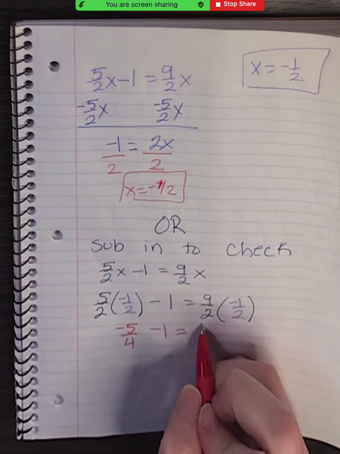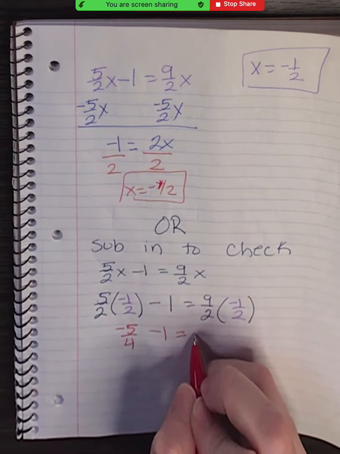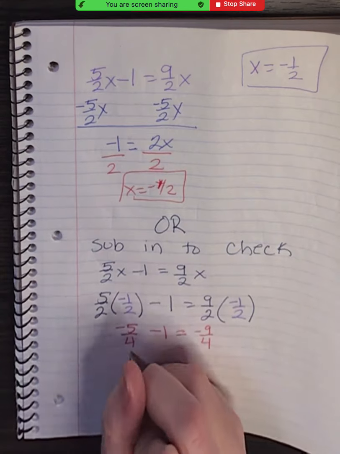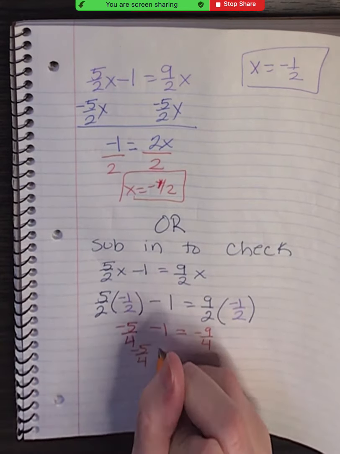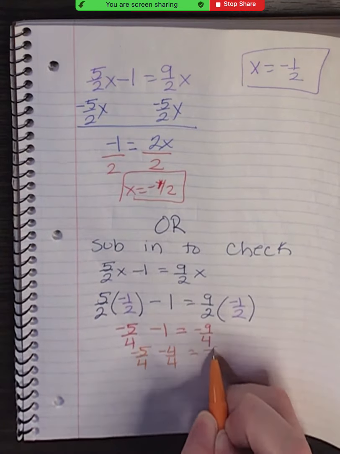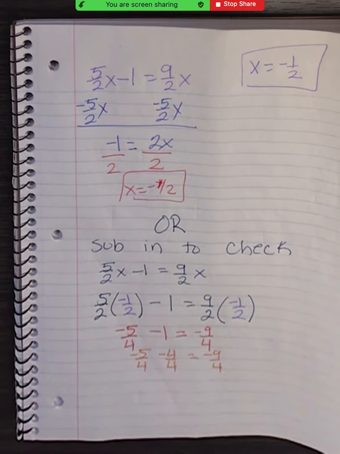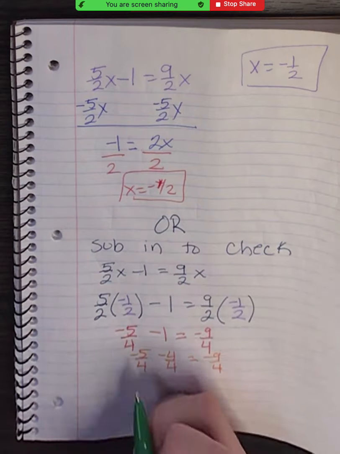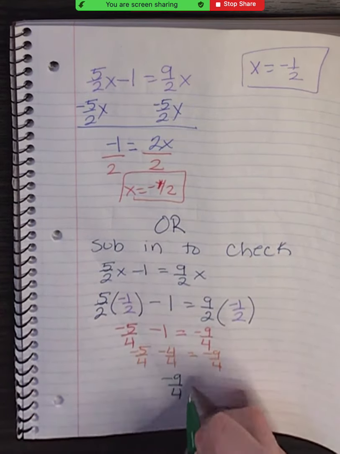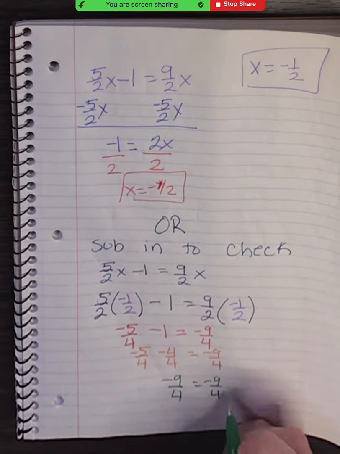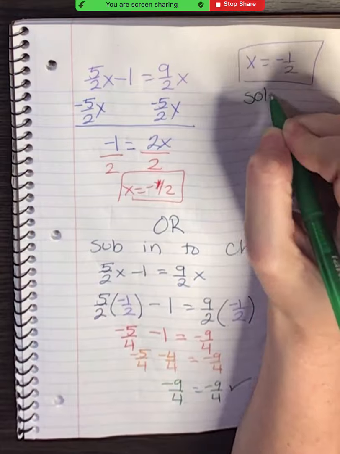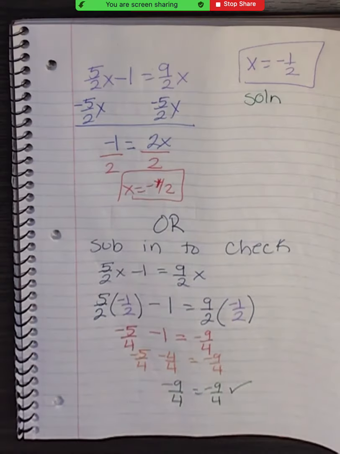And 9 over 2 times -1 over 2 would be -9 over 4. So we would get -5/4 minus 4/4, because I need there to be fractions with the same denominator. And -5 over 4 minus 4 over 4 would be -9 over 4, which does in fact equal -9 over 4. So -1/2 is our solution.